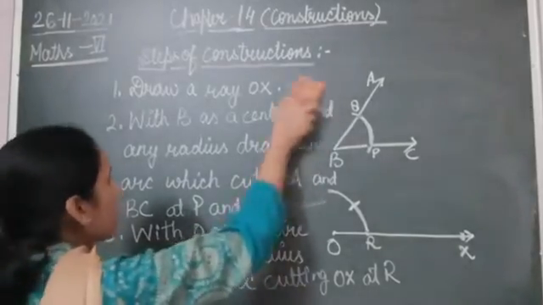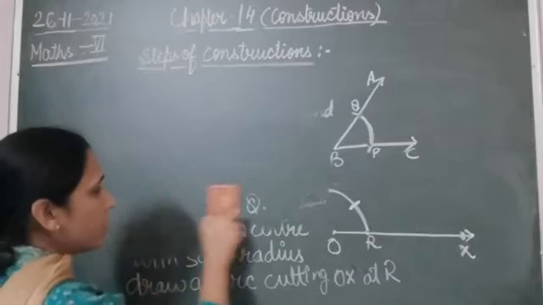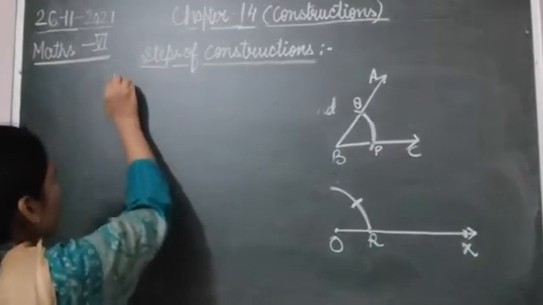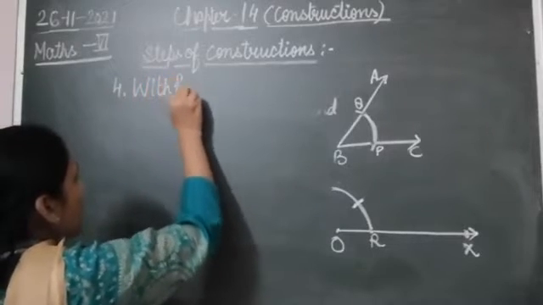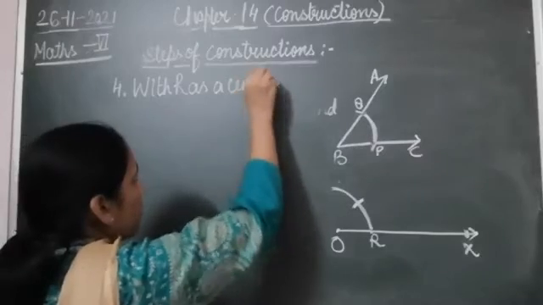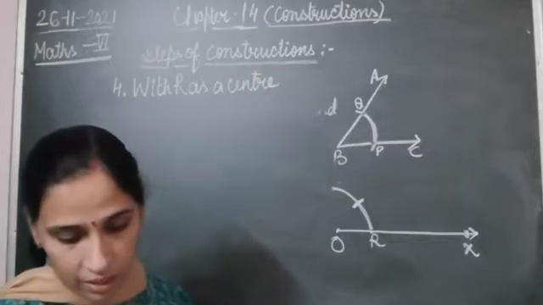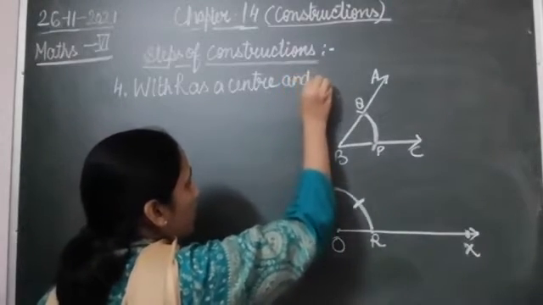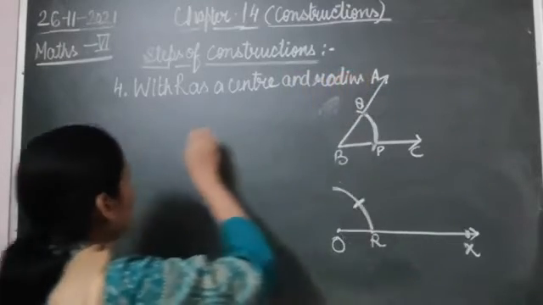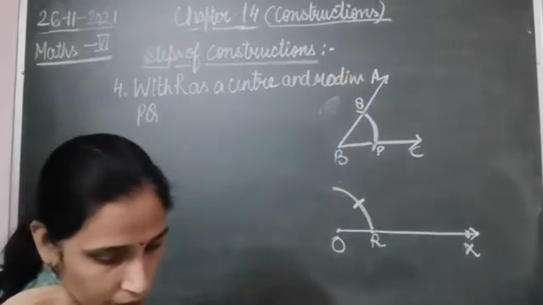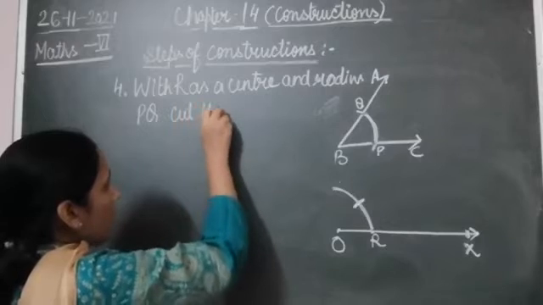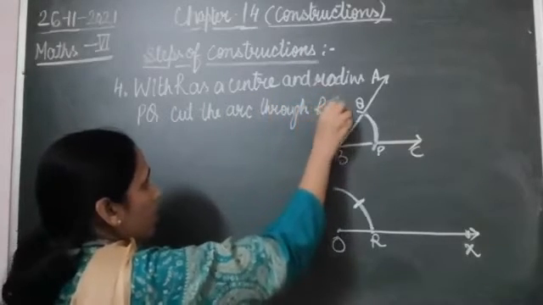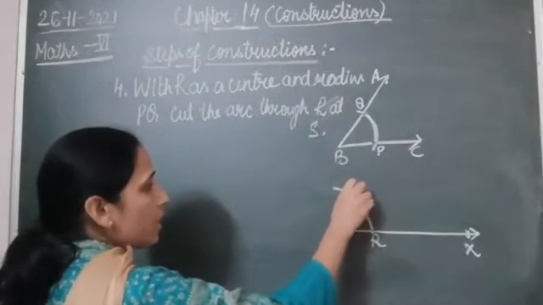Step number 4: with R as a center and radius PQ, cut the arc through R at S. So here we cut the arc at S.